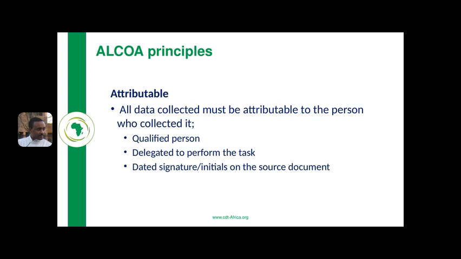The other aspect is that this person has to be also delegated in the site delegation form to perform the task. Again, we can look at the delegation form and confirm this. And finally, the person who has recorded the data has to date and sign or initial the source document that he has done so. When all those are fulfilled, then we say the data is attributable.